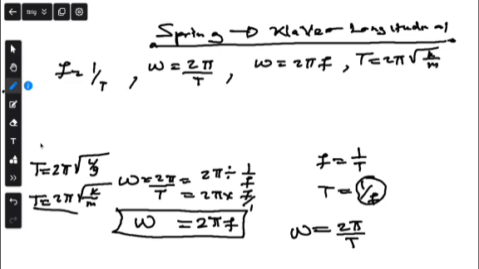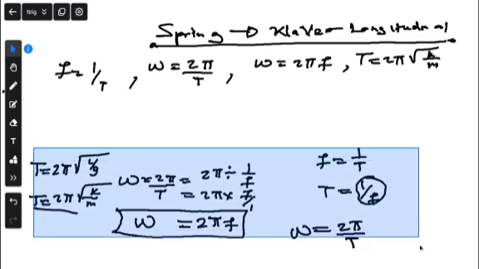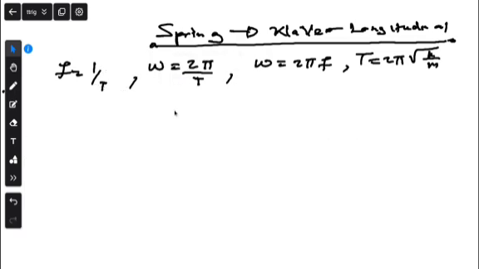So from these, let's come up with other formulas that you need to know, and these are very, very important. Then you need to know how to use these formulas. But remember, angular velocity is measured in rad per second, frequency is measured in hertz, and period is measured in seconds.